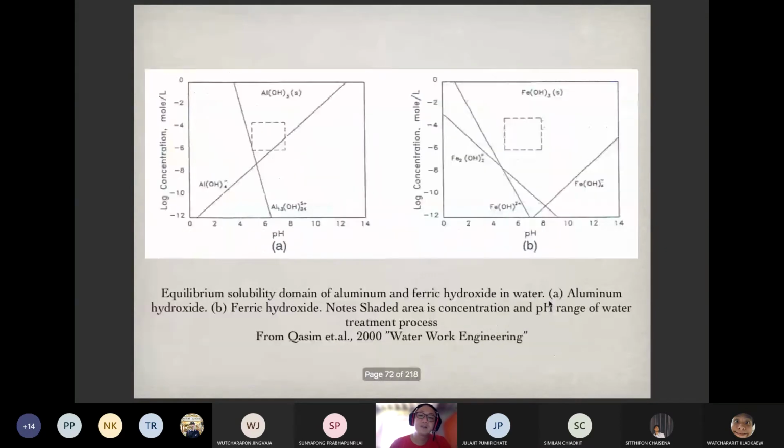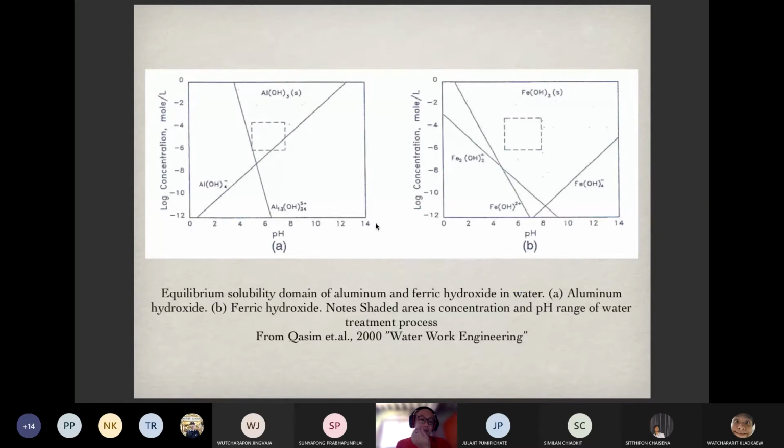For the coagulants, coagulants are the chemical agents which provide the positive charge. Actually, there are many forms of the positive charge coagulants, but the most commonly used is the aluminum salt or alums. We normally call it alums.